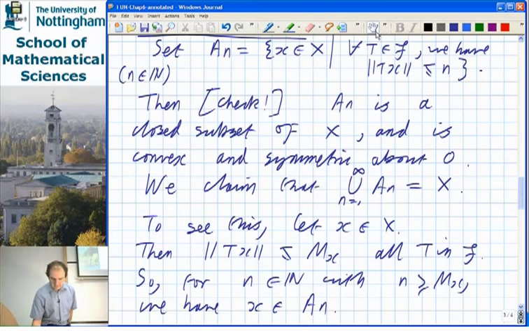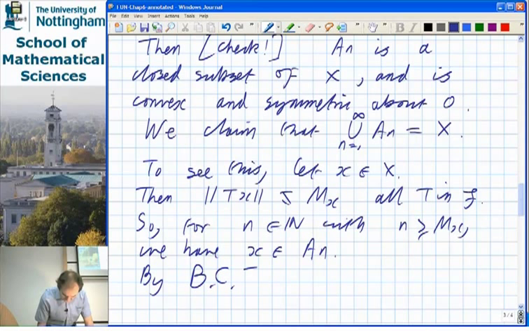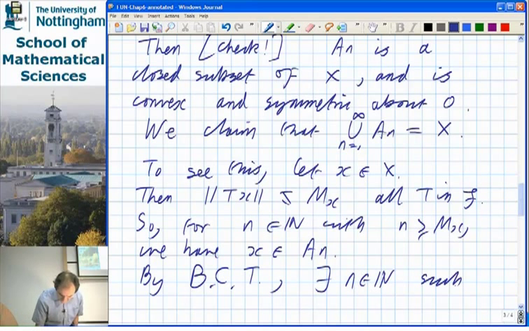The most common form of the Baire category theorem: if a union of a sequence of closed sets is a complete metric space, then at least one of those sets has non-empty interior. So by the Baire category theorem, by BCT, there exists an n in the natural numbers such that the interior of A_n is non-empty.